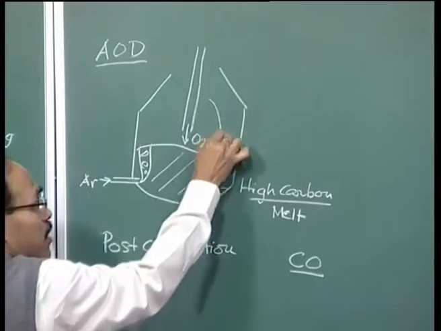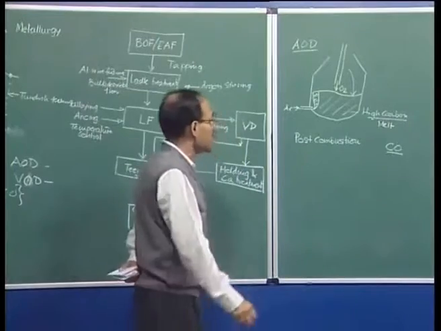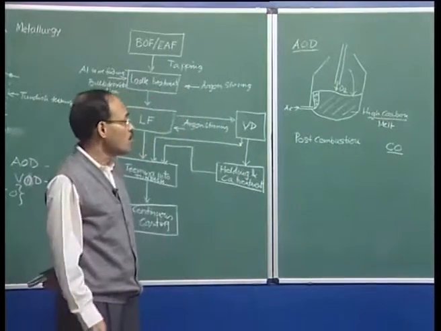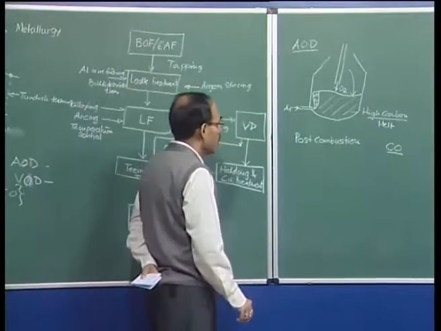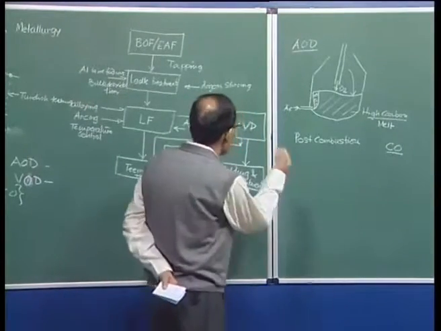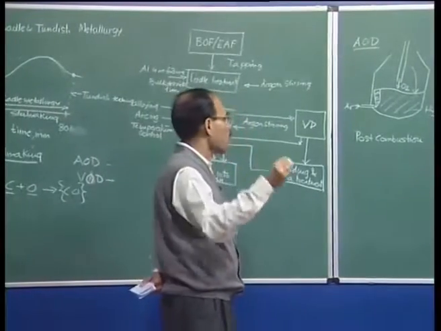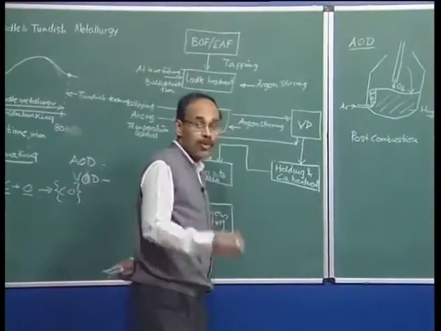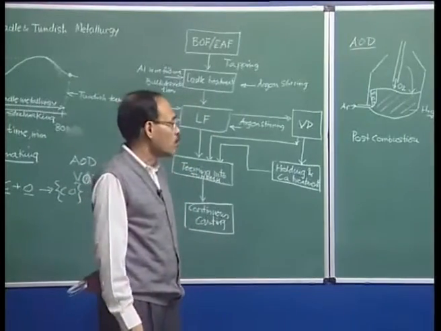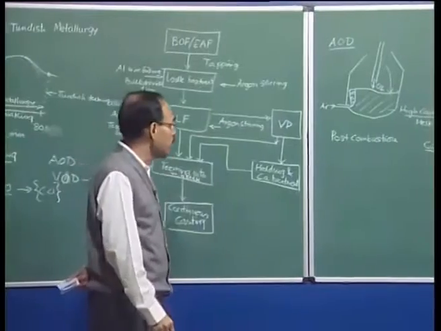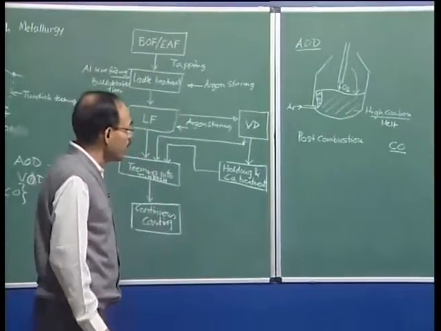If that heat can be directed to the melt, the melt temperature can be increased substantially, which will be conducive to the making of low carbon grades of steel. Low carbon means we are talking about stainless steel, which has an extremely small content of carbon, because carbon is not tolerated in the presence of high chromium, because chromium carbide forms and it leads to grain boundary deposition and grain boundary cracking.